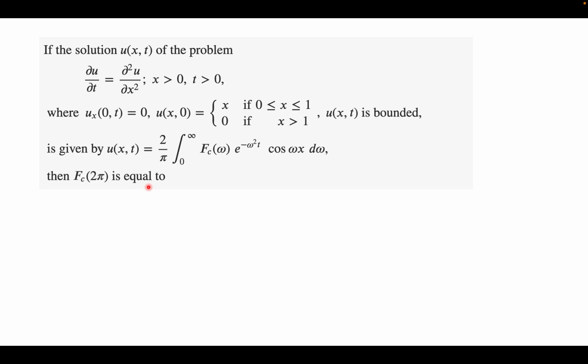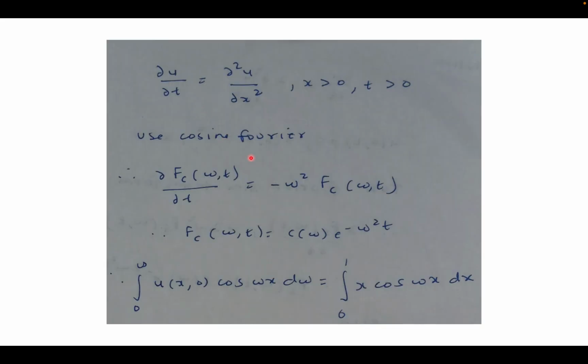First of all, you are given the boundary condition of some derivative, which is del u by del x, and also the Fourier transform variable is x. Also x is defined for the interval greater than 0. So you need to use the Fourier cosine transform here.